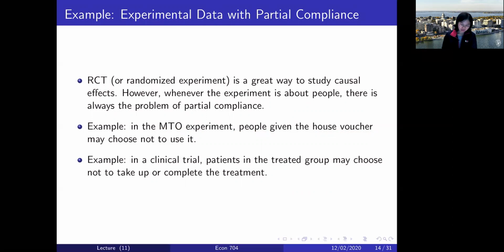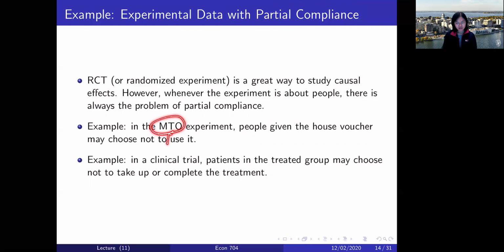This problem is called partial compliance. We talked about this as a potential problem for randomized control trials. With partial compliance, the variable of interest in the MTO example is moving.